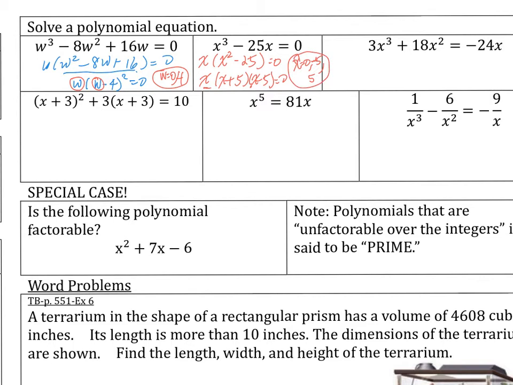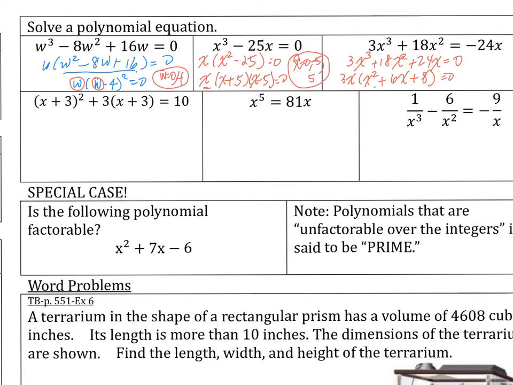The next one, I need to set this equal to 0. And now I can solve, and we can factor out 3x. And I notice that this is not a perfect square trinomial, so I need to find the product of binomial factors.